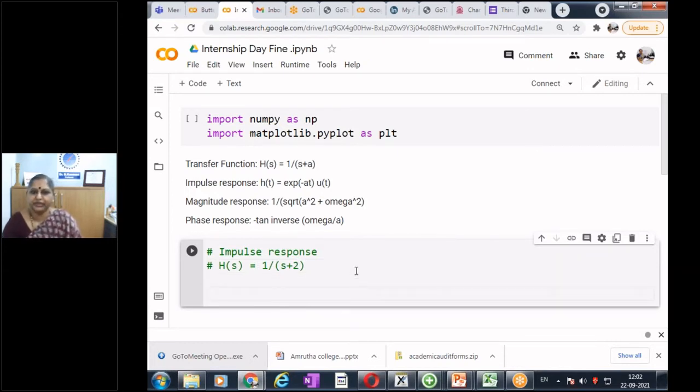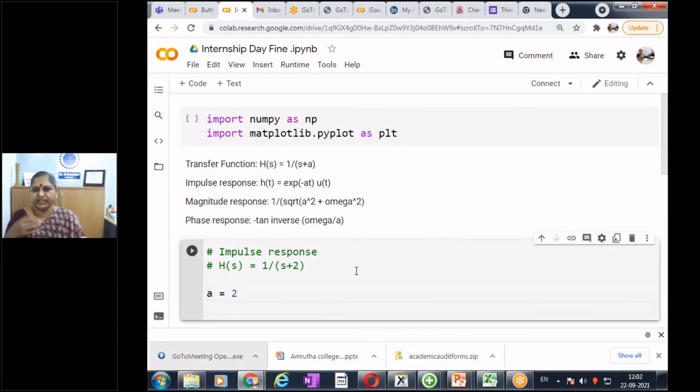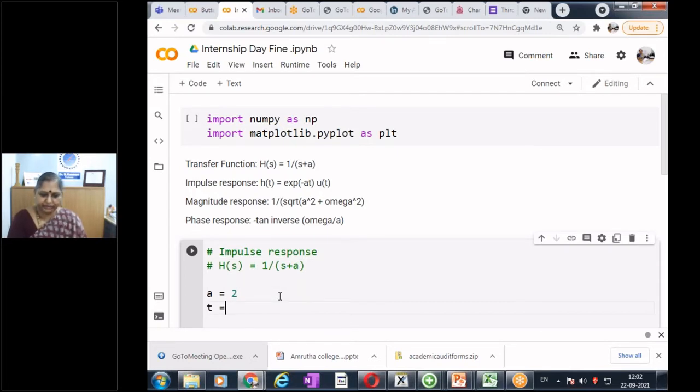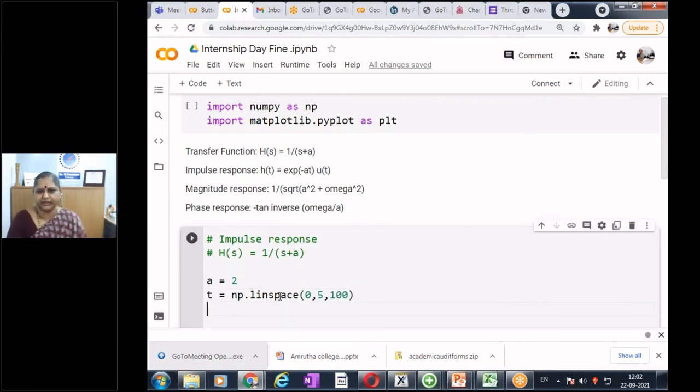So now we need to plot the impulse response, so we need to define time. Let us say A equal to 2. If I do it generally, then I can run it for different values of A and see what happens. Time is np.linspace from 0 to, let us say 5, and I want 100 values. 100 is a large number, but doesn't matter.